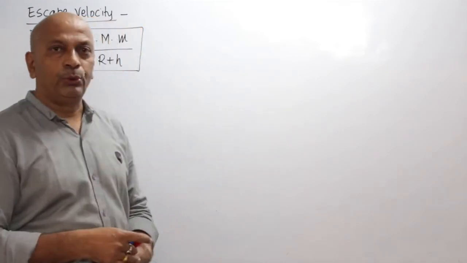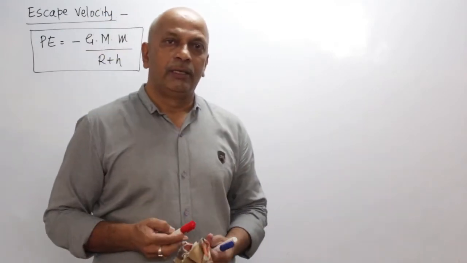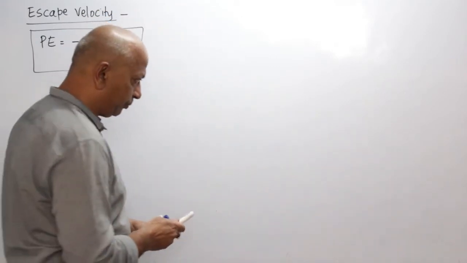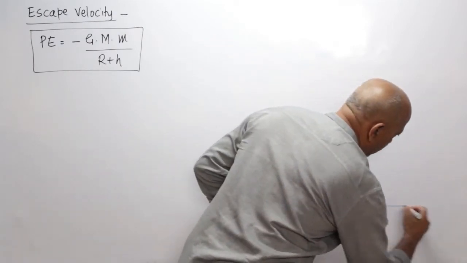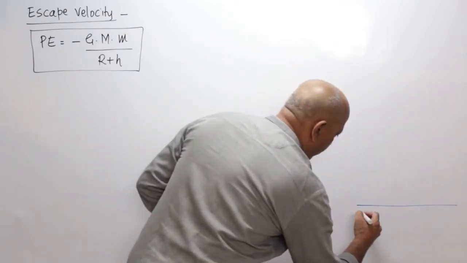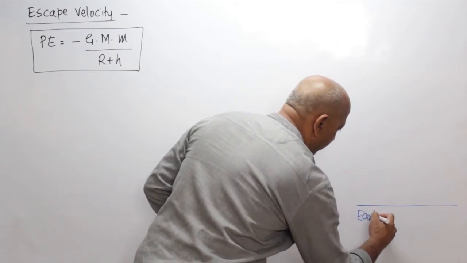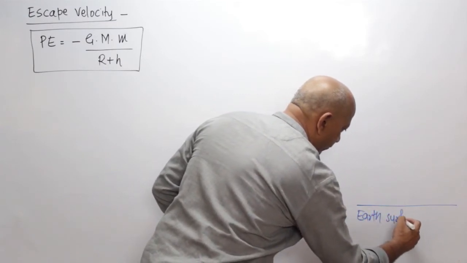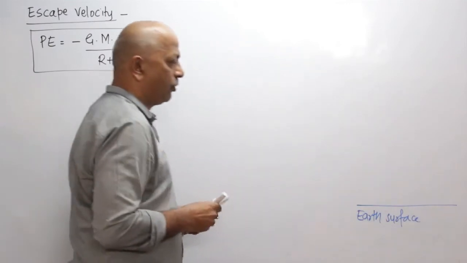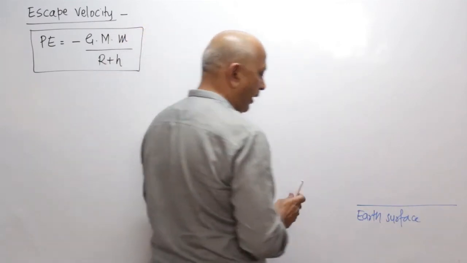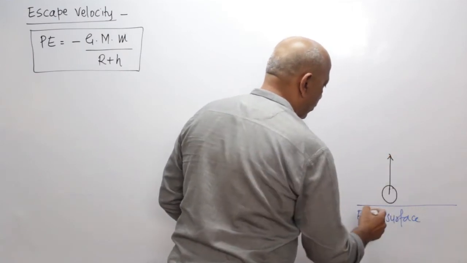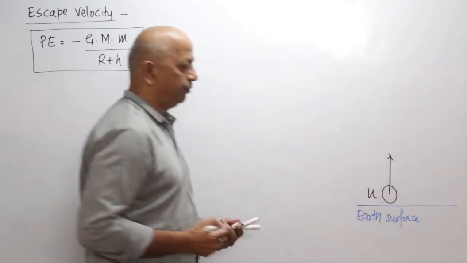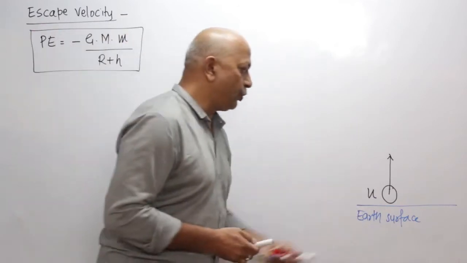Let us go back to Newton's kinematic equations. आपल्याला माहिती आहे, suppose this is the earth surface. If we throw an object upward with velocity u, right? Now what is this u?